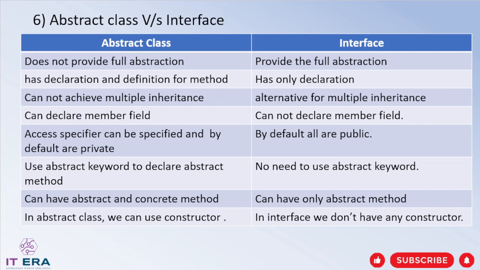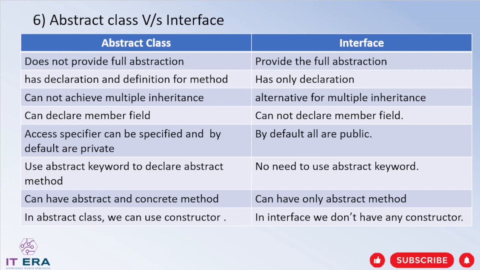In abstract class, we can declare member fields, but in interface, we cannot declare member fields. In abstract class, we can specify an access modifier and private is the default access modifier there. But in interface, we cannot declare an access modifier and by default it is public.